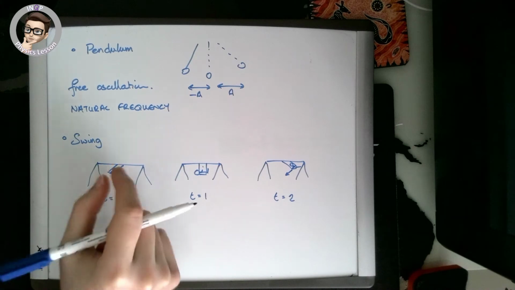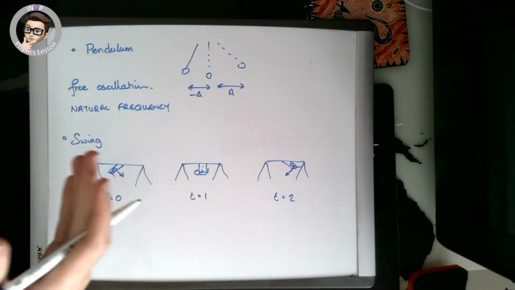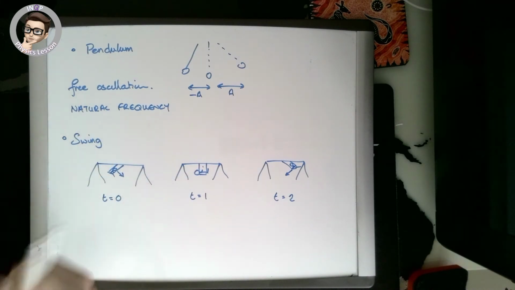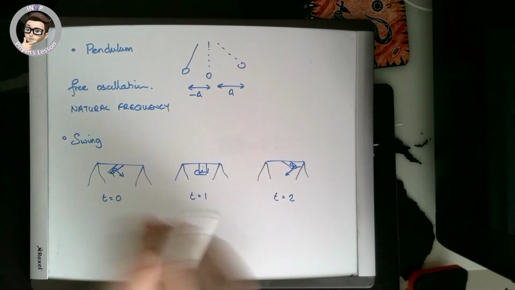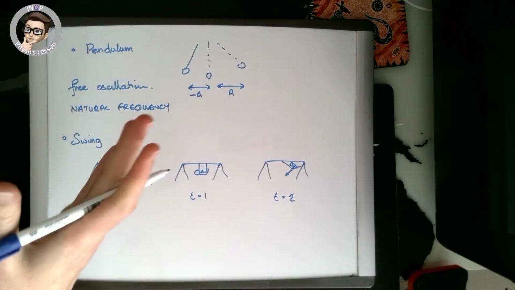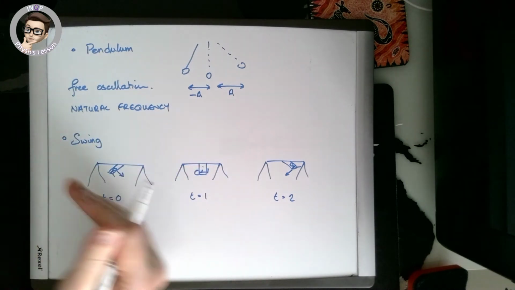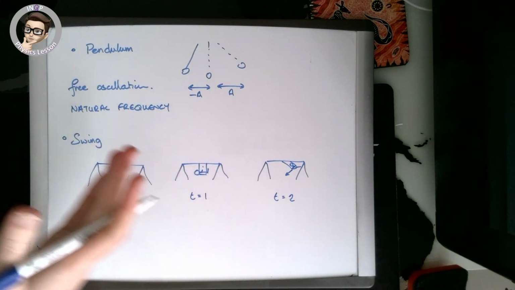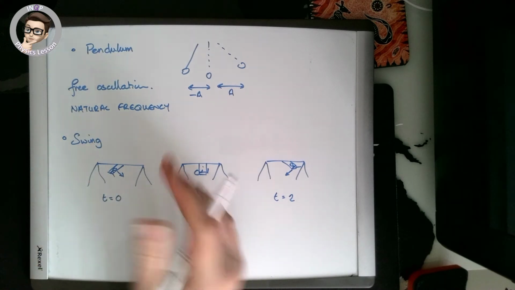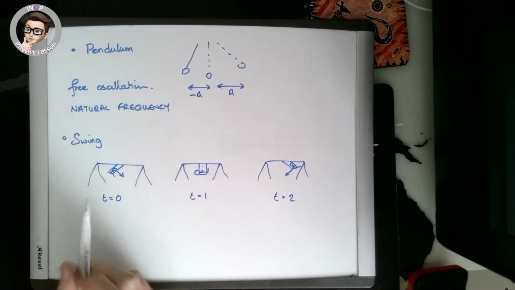If we'd taken this child and we pulled the seat backwards of the swing, let it go and told the child not to lean forward, not to lie flat, just sit there, then the swing would move at its natural frequency. Now we're applying a force to drive that swing.